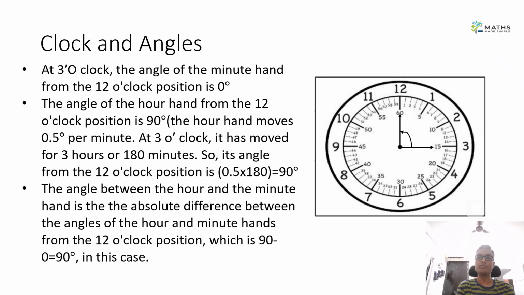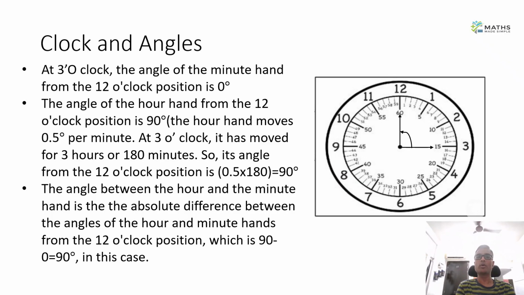It's fairly simple. What we need to calculate first is the rotation that the minute hand has made from the 12 o'clock position, or the angle that the minute hand has formed from the 12 o'clock position, and then also calculate the angle that the hour hand has formed with respect to the 12 o'clock position, and then subtract them.